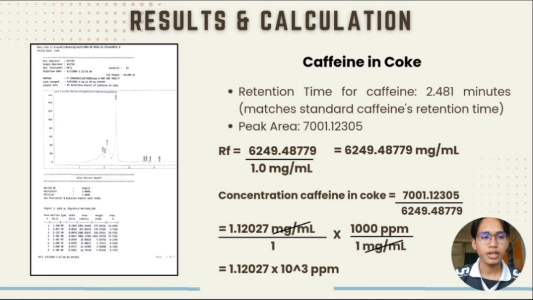And then the outcome is 1.12027 mg per mil. And lastly, the concentration is multiplied by 1000 ppm per 1 mg per mil to get the final result in ppm unit. So the caffeine concentration in Coke is approximately 1.12027 times 10 to the power of 3 ppm.